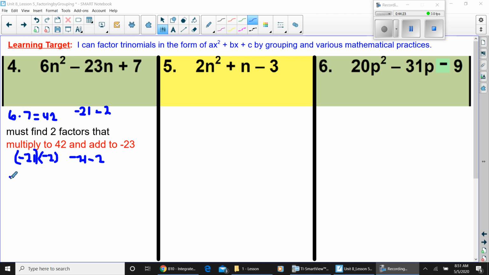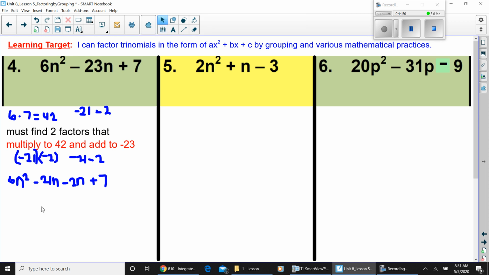So I'm going to bring down the 6n squared. And then I'm going to bring down negative 21n. And I'm going to use this negative 2n. Remember, negative 21n minus 2n is negative 23n, and just bring down the 7.